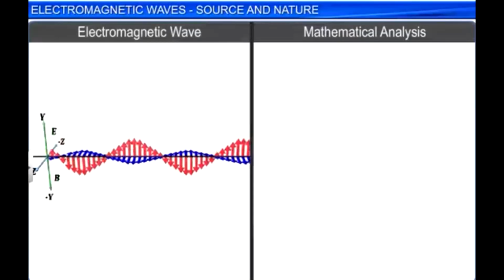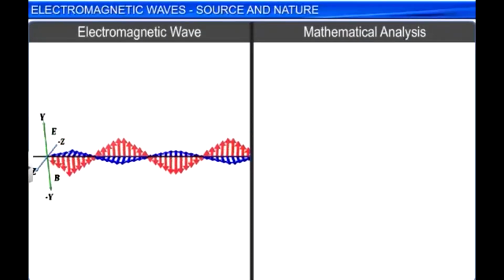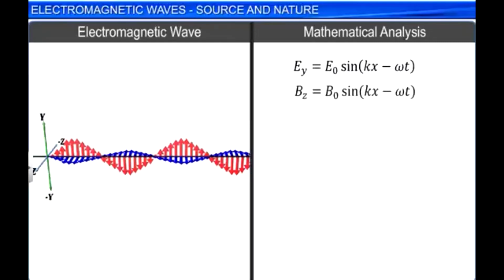The electric field and the magnetic field can be written as Ey = E0 sin(kx - ωt) and Bz = B0 sin(kx - ωt) respectively. Let these be equations 1 and 2 respectively.